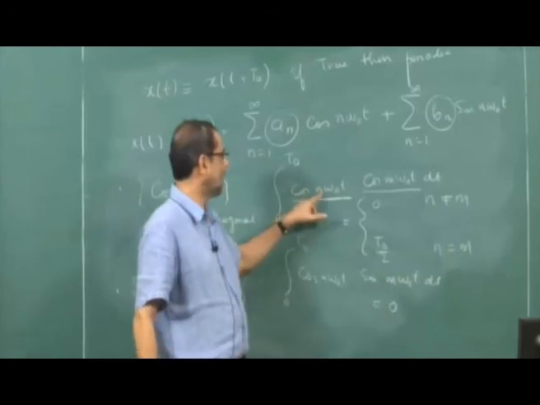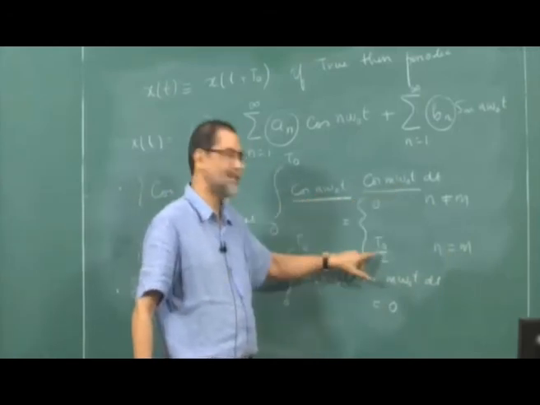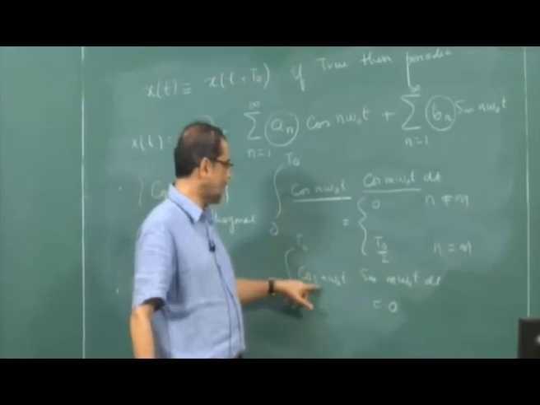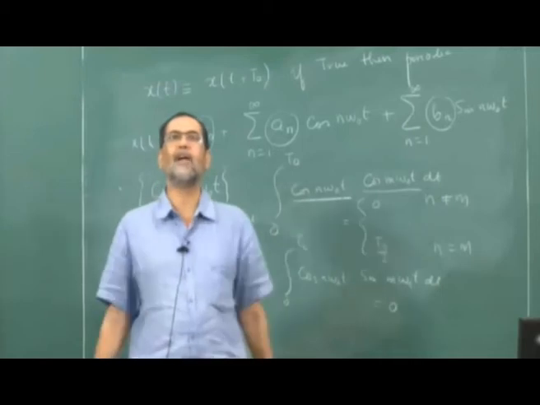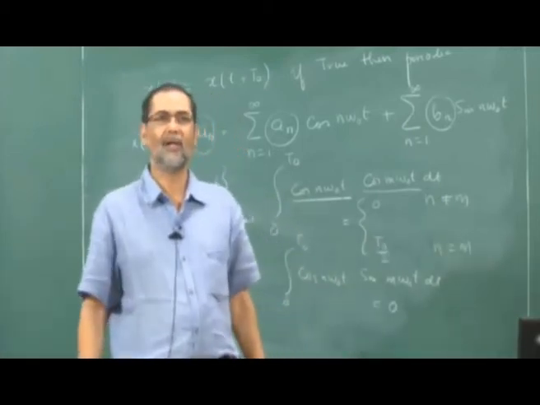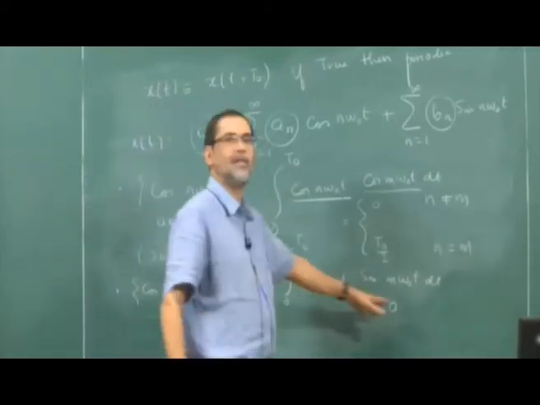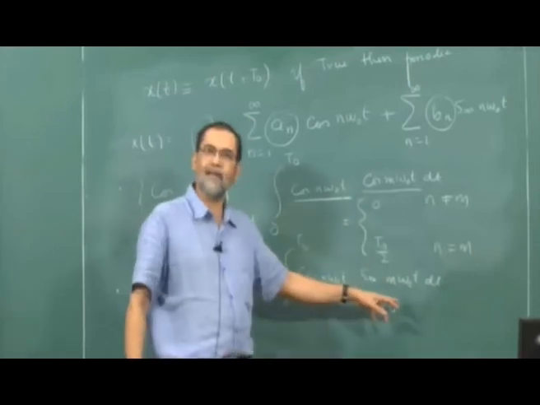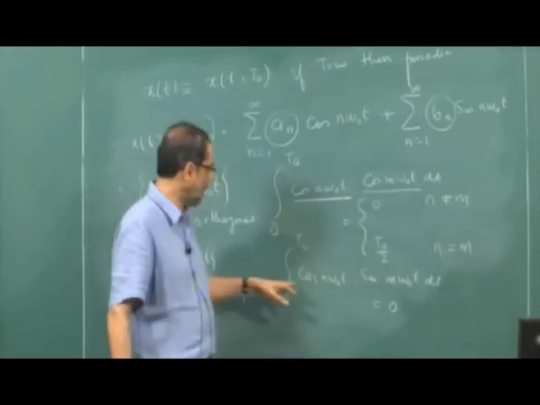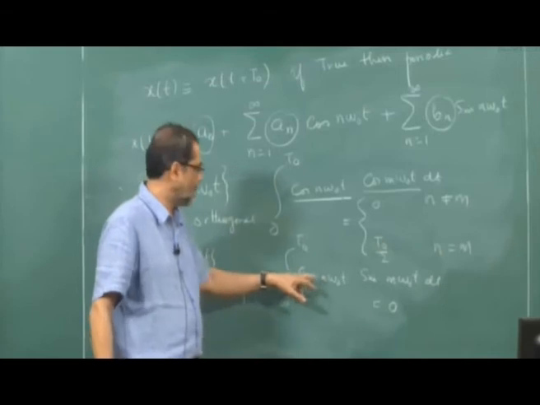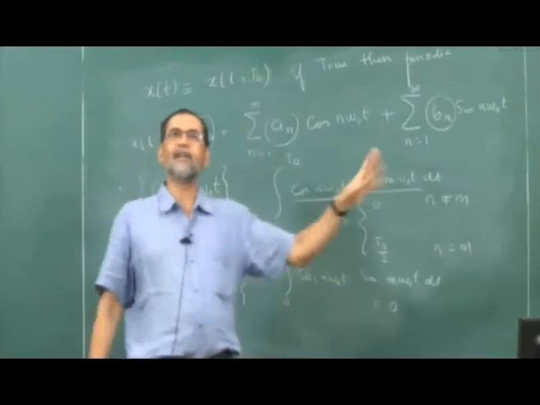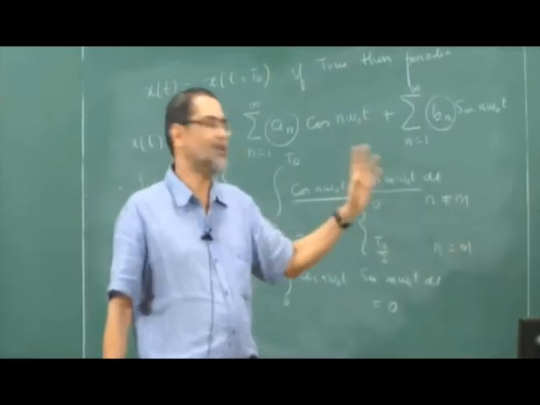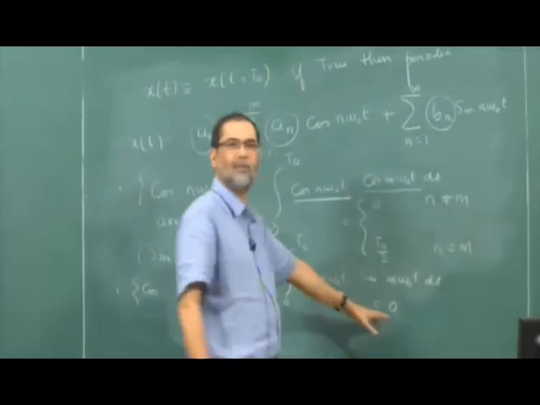Earlier I said if n and m are equal, then it is T by 2. But when one function is cosine and the other is sine, n and m can take any value including identical values, and they will integrate to 0, because if n and m take the same value, this will be sine 2n omega naught t by 2. By the first property, sine integrates to 0. So this will always integrate to 0.